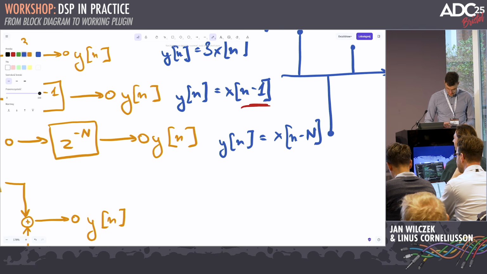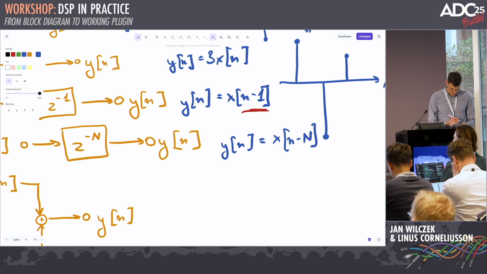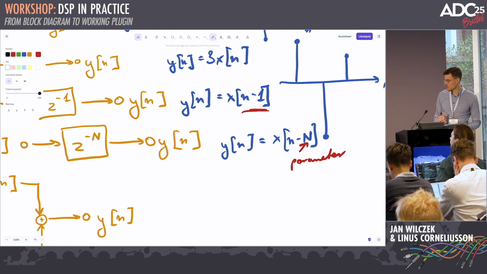That's correct. And it means that big N, capital N, this is a parameter, right? So in code, we would set N to something, and then we could determine the length of this delay.